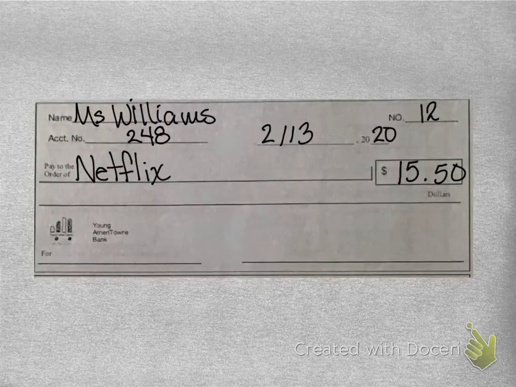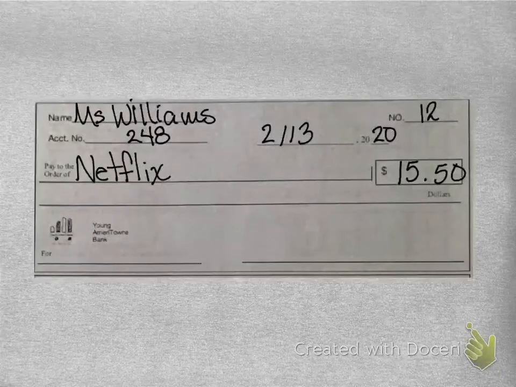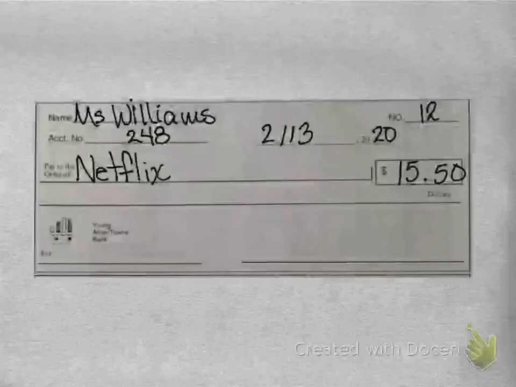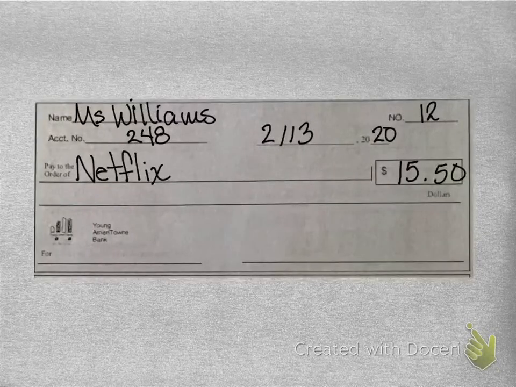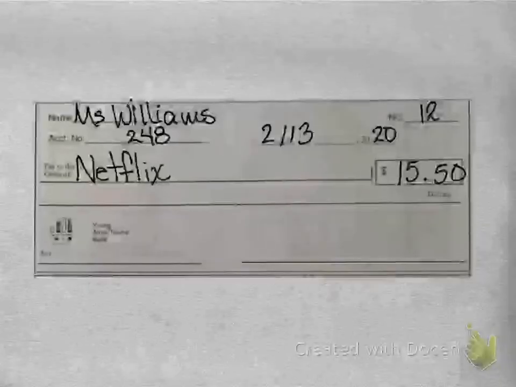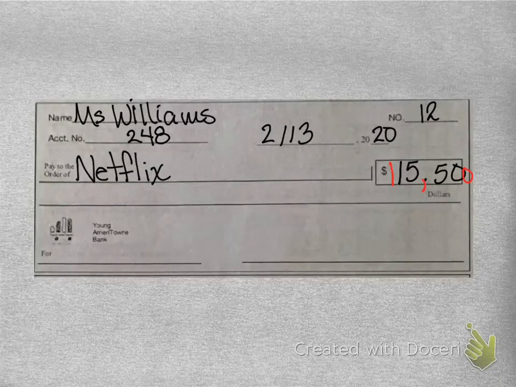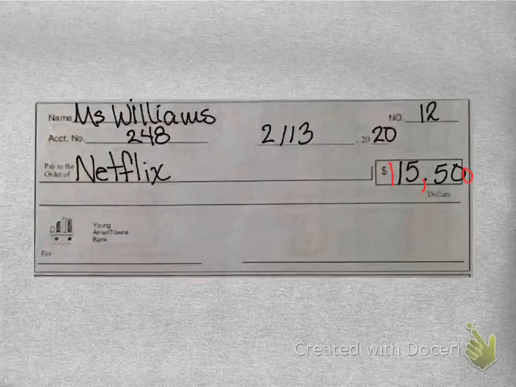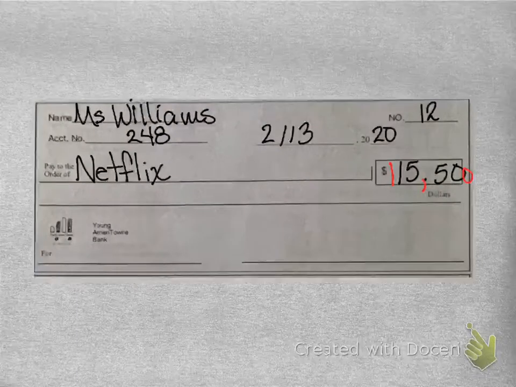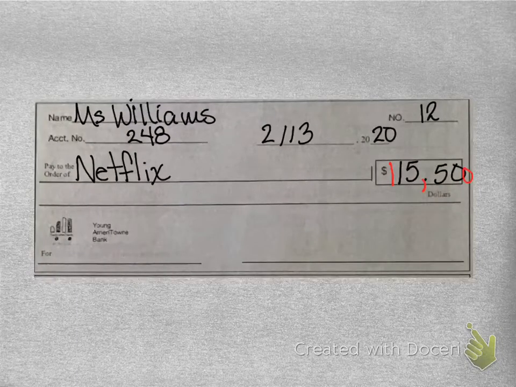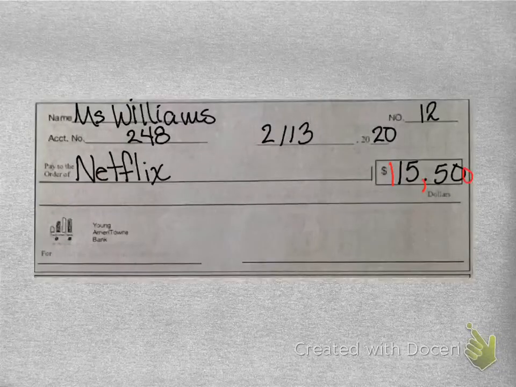So here's the problem. If I write my $15.50 just like this, someone later on, after I've signed it and given it to them, could be sneaky and do this. Whoa, do you see how easy it was for them to fit an extra 1 in front of the 15? They turned my decimal point into a comma and added a 0.